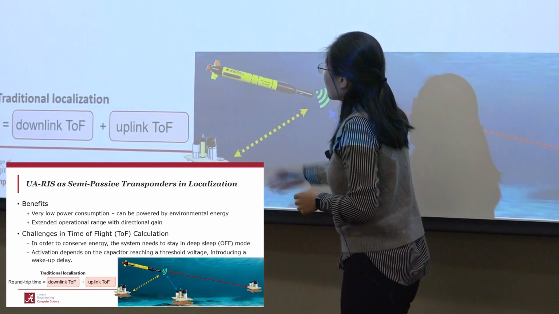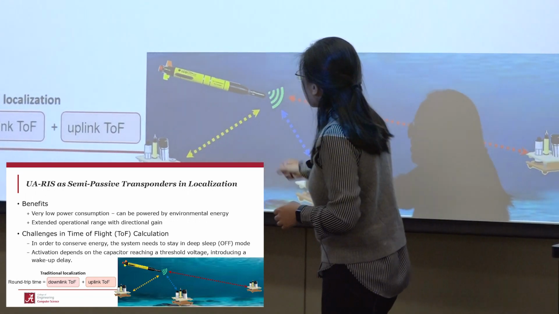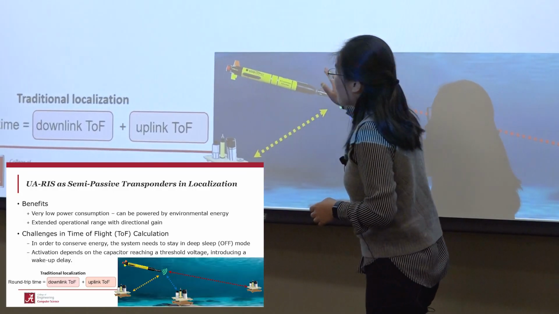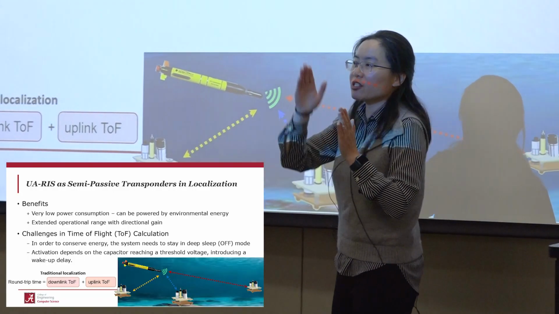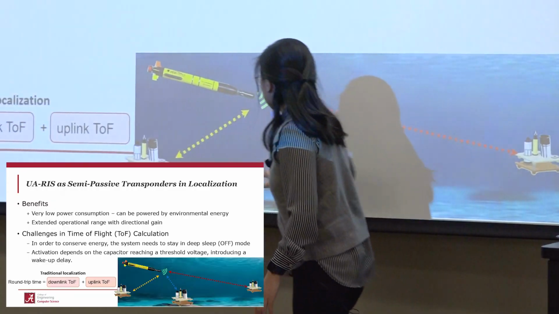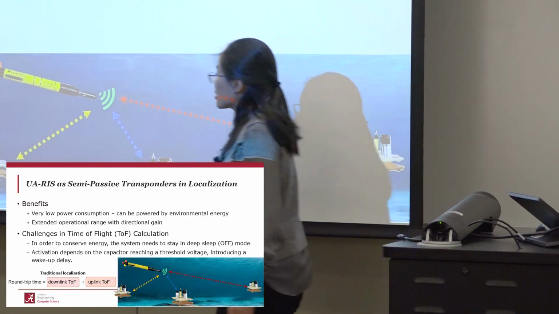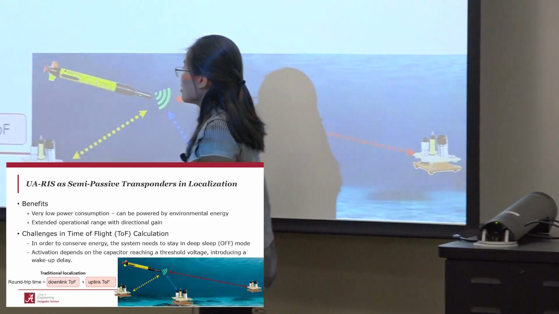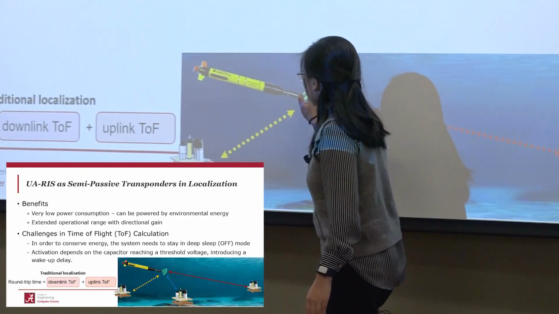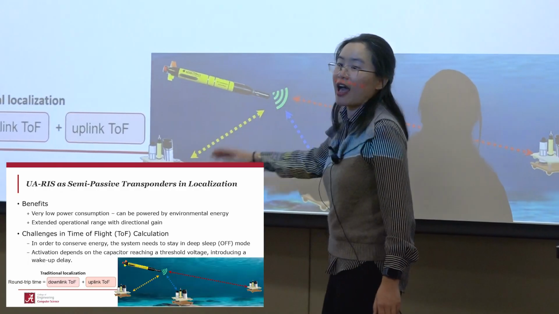And what the traditional localization does is let the AUV send out a ping signal, basically a very short signal, to those transponders, and the transponder will reply immediately so that the AUV can measure the round trip time between sending out the ping and receiving the echo.